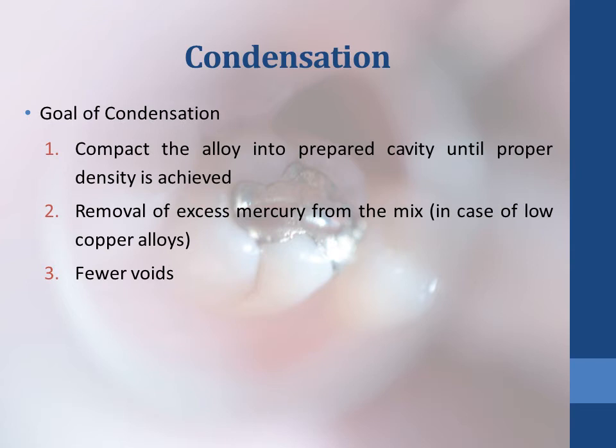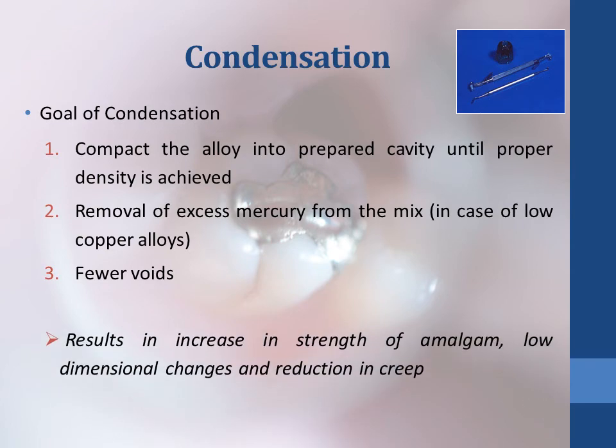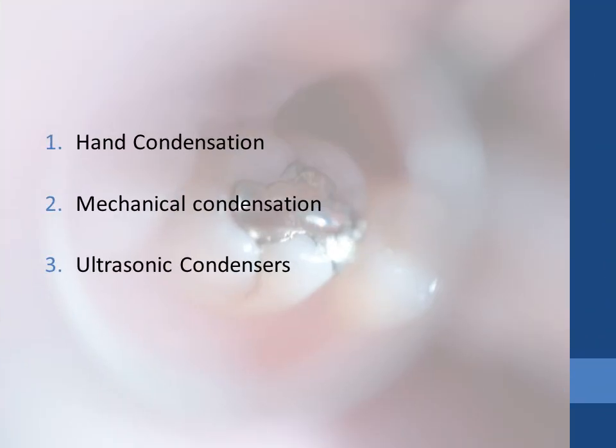A compact and good filling is produced at the end of all the steps, and this results in increased strength of amalgam, low dimensional changes, and reduction in creep. So basically, these are the goals of condensation. This is what we should expect to achieve.